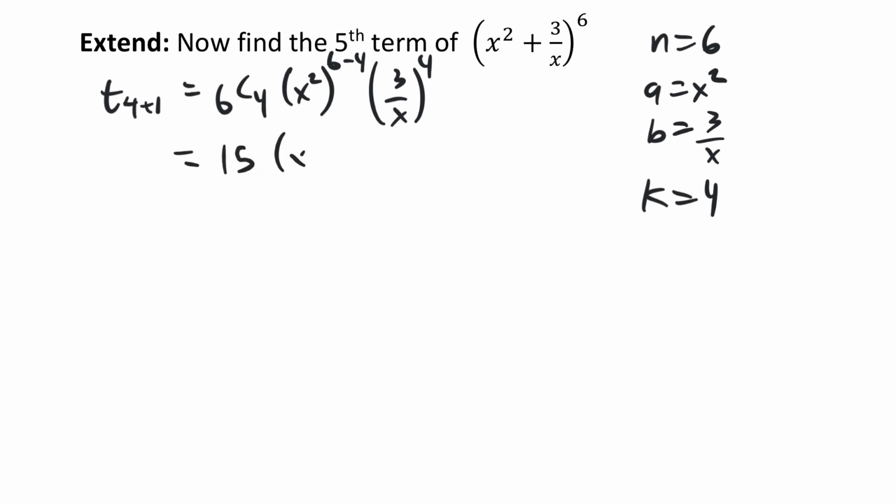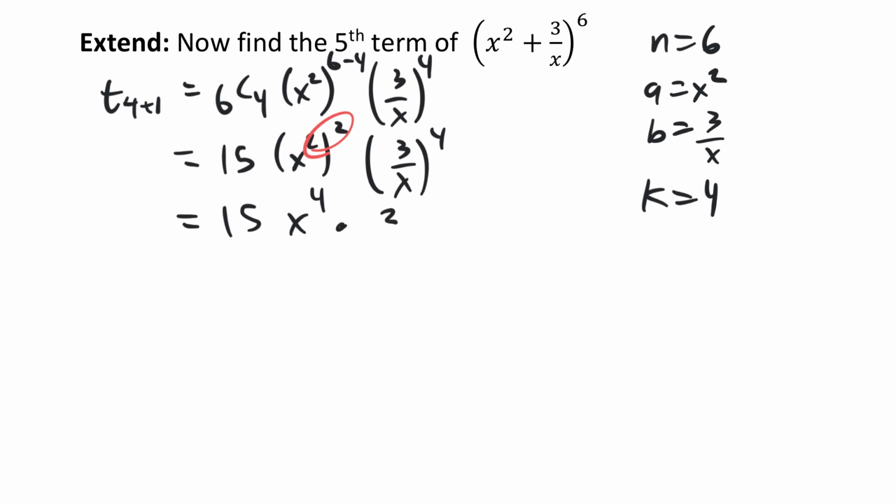This will be x squared to the 2, 3 over x to the 4. So let's watch those exponent rules. X squared squared becomes x to the 4 because the 2 times 2 becomes 4. Now here we're going to get 3 to the 4 over x to the 4 because this needs to hop down on both.